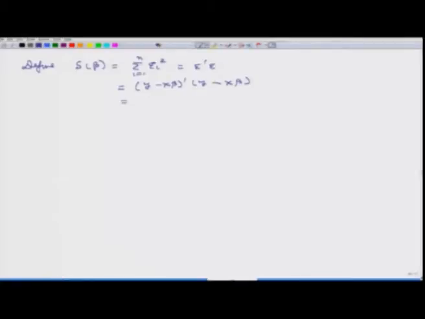And if I open this, then we get y transpose y minus twice beta transpose X transpose y plus beta transpose X transpose X beta, right.